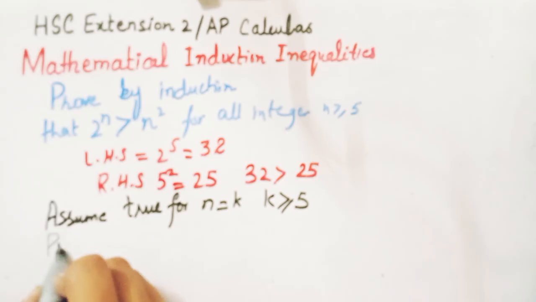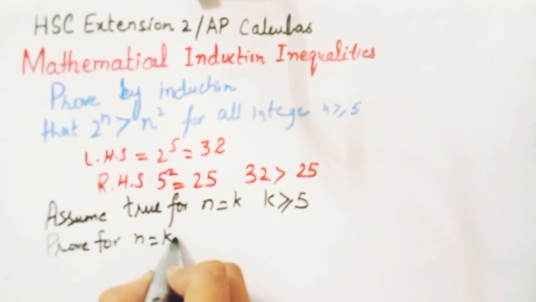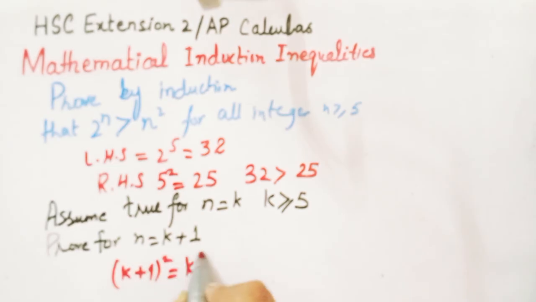Now prove for n equals k plus 1. So we must strictly prove that 2 raised to power k plus 1 is strictly greater than k plus 1 whole square. First of all, k plus 1 whole square equals k square plus 2k plus 1.